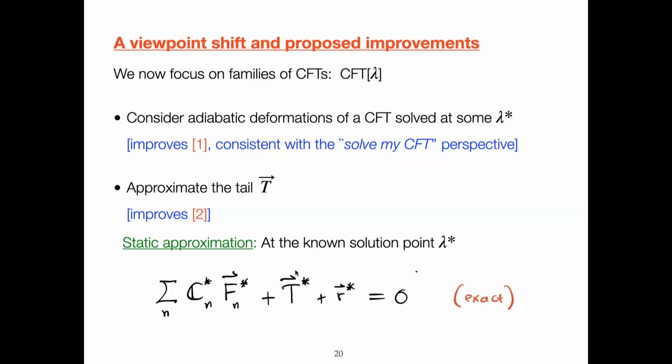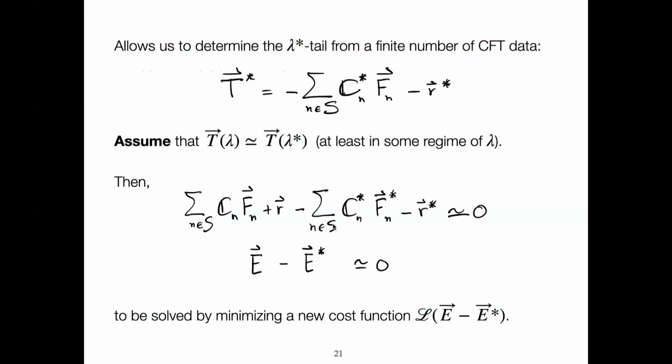Even in free field theory, that could be hard to obtain sometimes, because you have to do very complicated Wick contractions. But you can use the crossing symmetry equation, which is obeyed exactly here. You have a finite number of terms, the tail, evaluated at lambda star, an explicitly known function, and then you can solve for T star. So you can basically compute a finite number of CFT data, sum them like this here, and solve for T star. This way, you know indirectly the contribution to the tail exactly at lambda star.